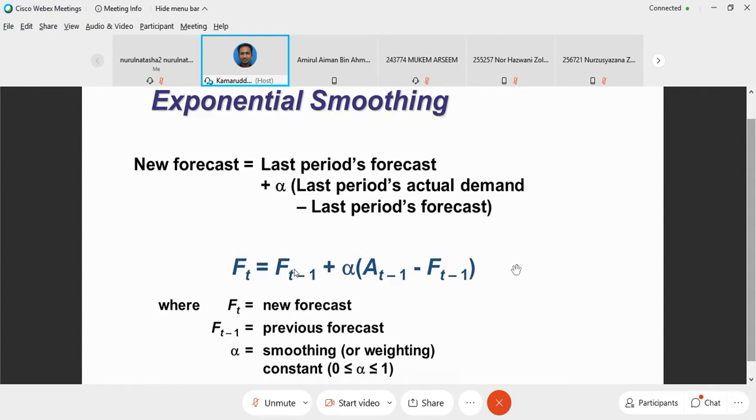So we need information about the previous forecast in October. The forecast in October plus the alpha value multiplied by the actual in October minus the forecast in October. Based on this formula, we can forecast the customer demand in November.